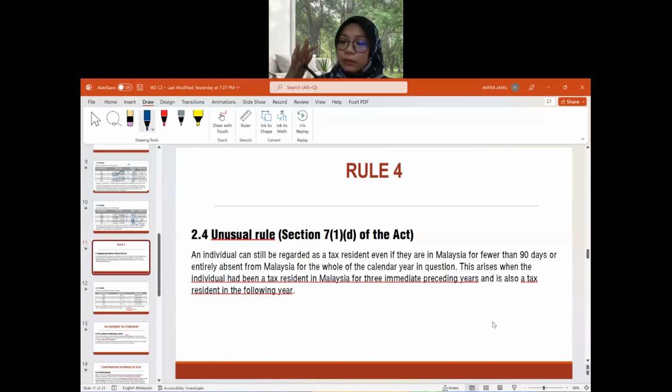So he can also be considered as tax resident for the year. Okay, this is the unusual rule.